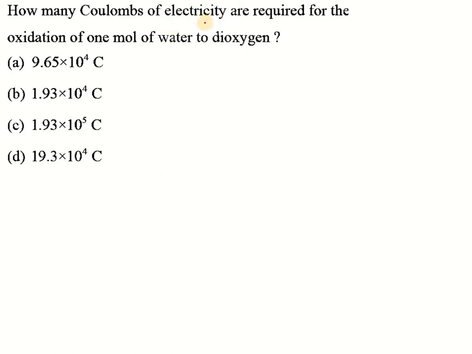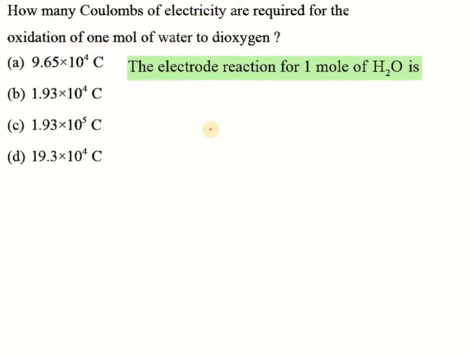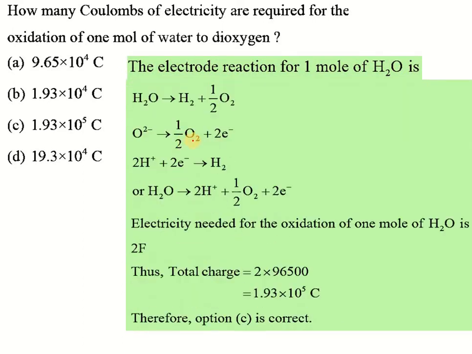How many coulombs of electricity are required for the oxidation of 1 mole of water to dioxygen? If you take 1 mole of water, it can be converted into H2 and O2: oxide is converted into oxygen, and H plus is converted into hydrogen. In these reactions, 2 electrons transfer is observed. That means 2 into Faraday's value of coulombs, that is 96,500, we get 1.93 × 10^5.